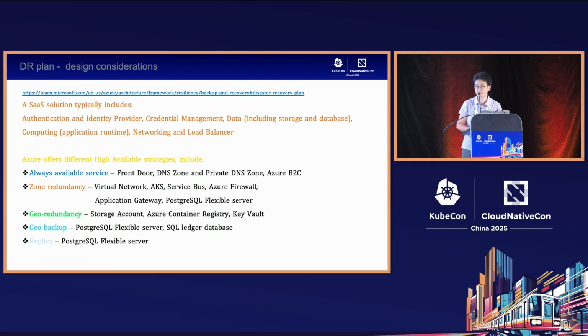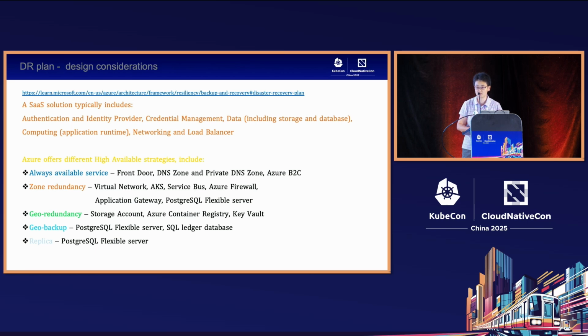A SaaS solution typically includes authentication and identity provider, credential management, data, computing, networking, and load balancer. Azure offers HA on different levels, including always available service, zone redundancy, geo-redundancy, geo-backup and replica.